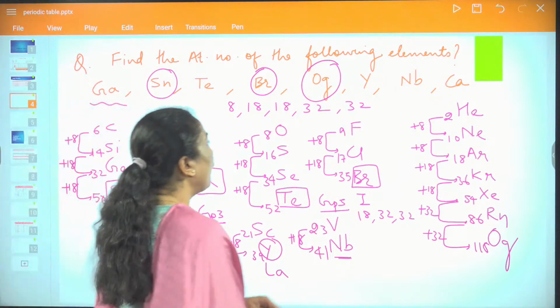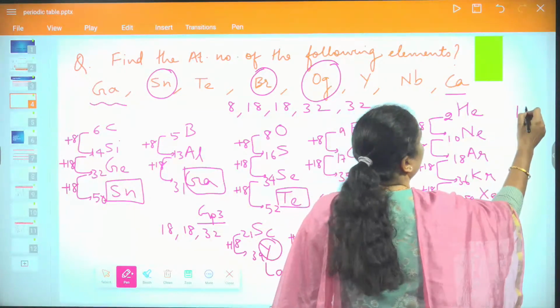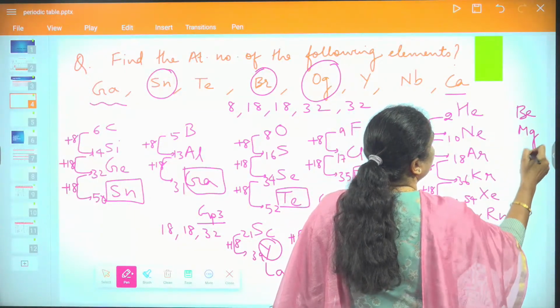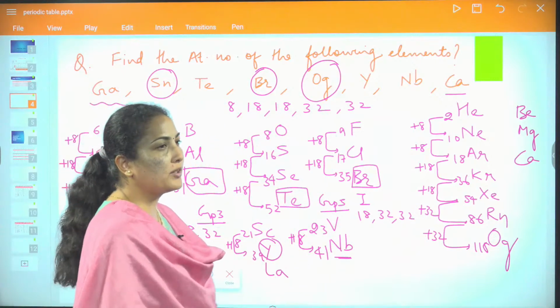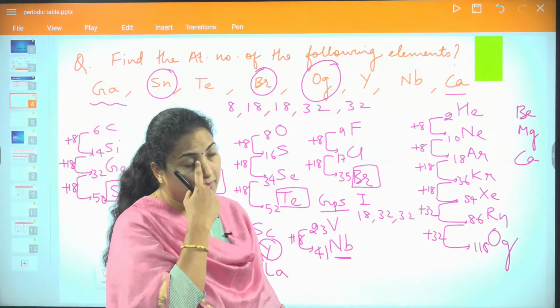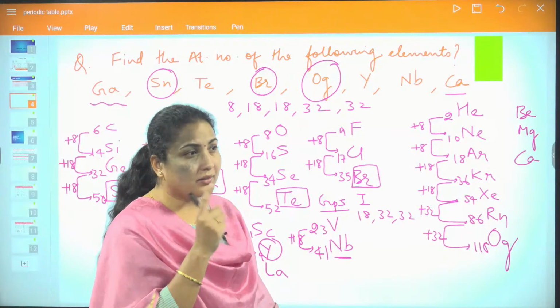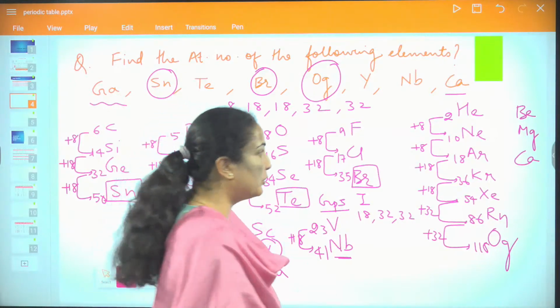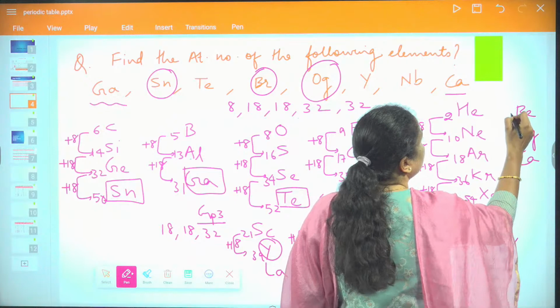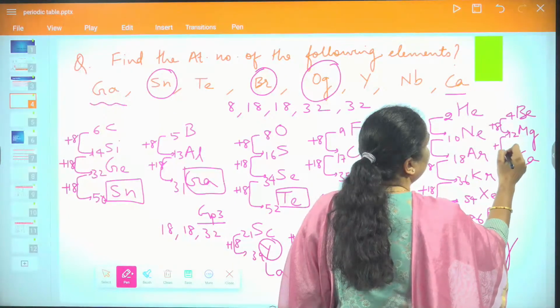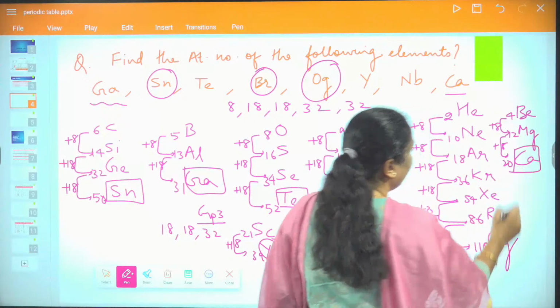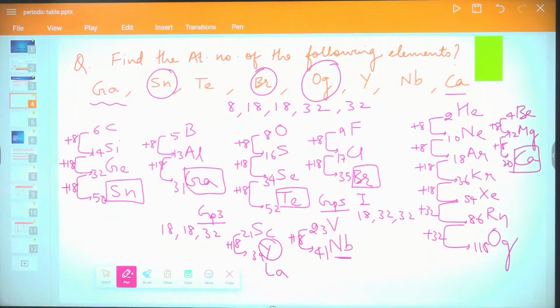Okay, good. For calcium, beryllium, magnesium, calcium. I identified the group which is 2A. So for 2A, what is required? 2 times 8, 2 times 18, 1 time 32. So basically, it is 4. 4 plus 8, 12. Then plus 8, 20. Did you get your answer? So understood how I need to find it out?